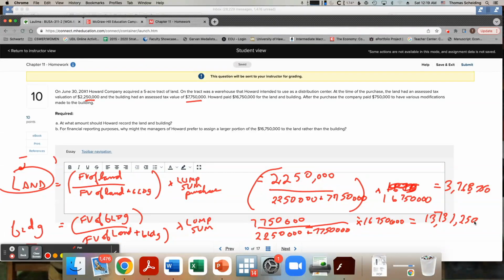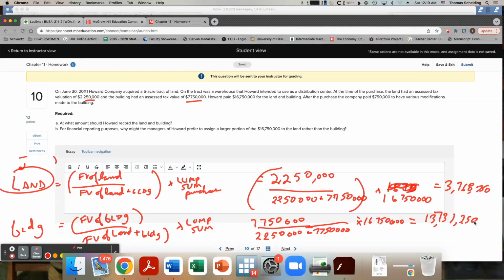Why might the managers of Howard prefer to assign a larger portion to the land rather than the building? Well, the easiest thing to remember here is that land doesn't depreciate, at least for accounting purposes.